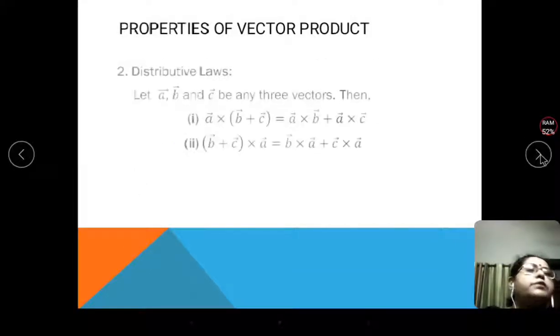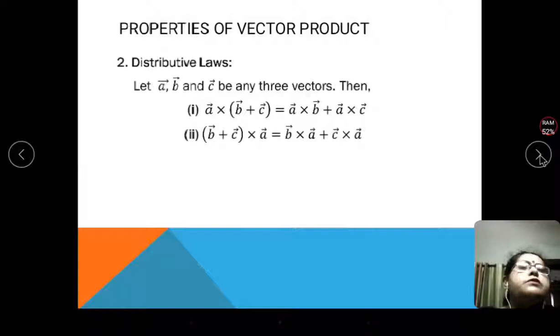Okay, the next property we will talk about is distributive laws. So suppose that A, B, C are three vectors, then A cross (B plus C) is equal to A cross B plus A cross C. That means if we first add the two vectors and then multiply, that is same as if we had multiplied individually A cross B and A cross C and added, we get the same result.